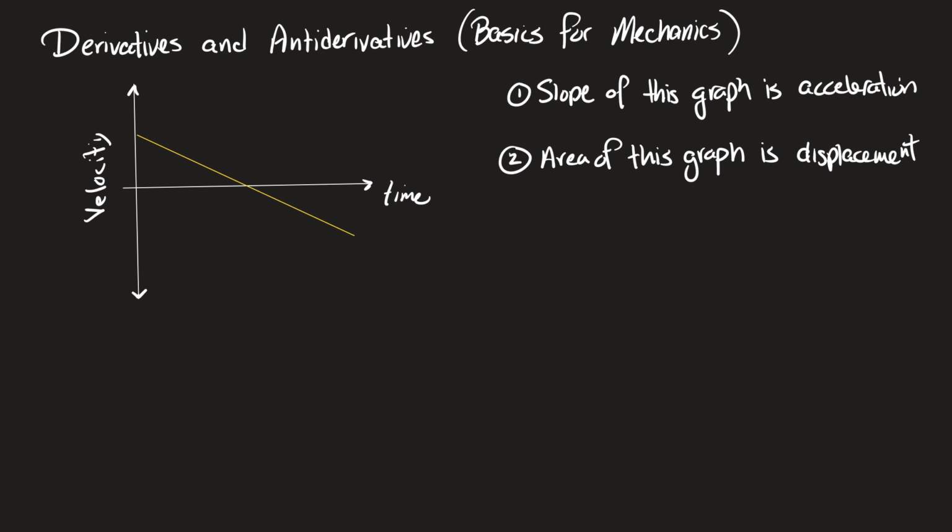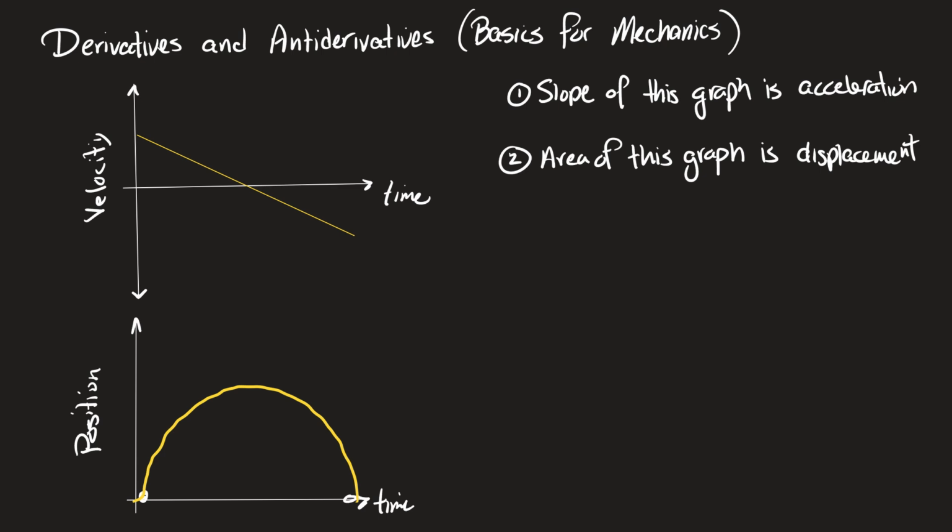Well, you know something else too, because we didn't just talk about those graphs. We also talked about graphs like this, position graphs. And if we want to have a position graph that matches up with what we've just drawn, starting, assume, at the origin, ending the same amount of time later, then we probably have something like this.